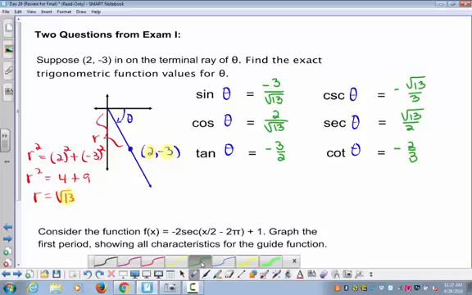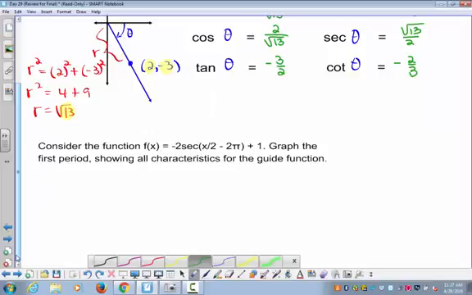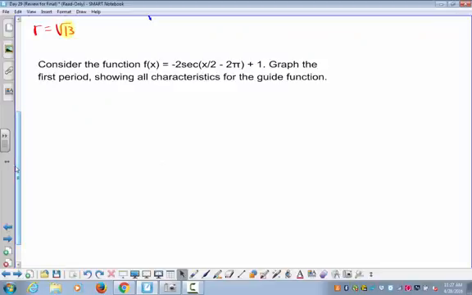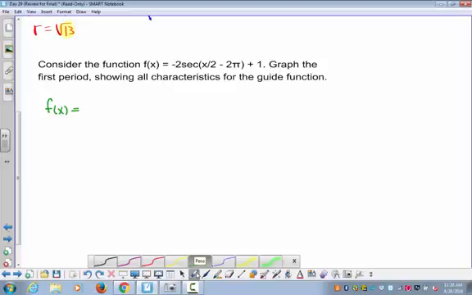Let's do a graph. Okay. Factor first. So let's remember that the angle has to be factored before we go anywhere.